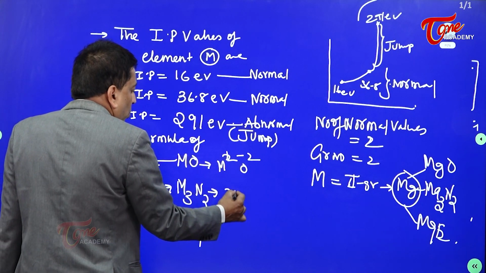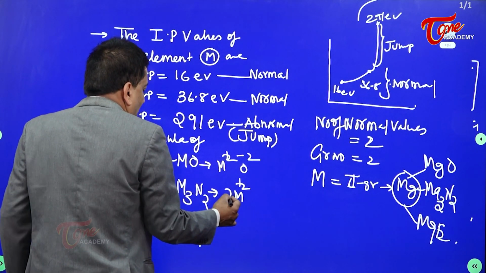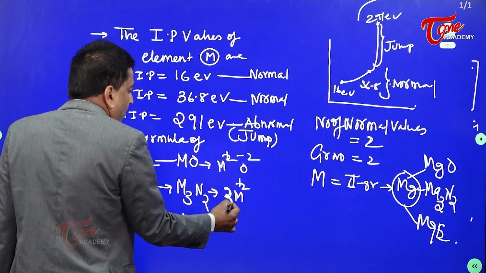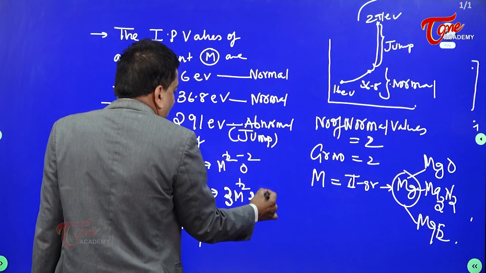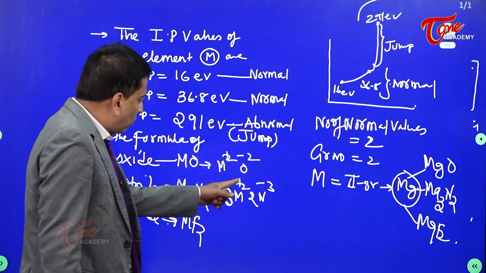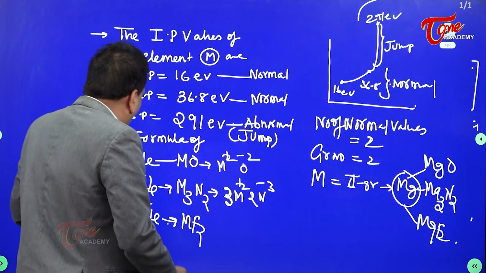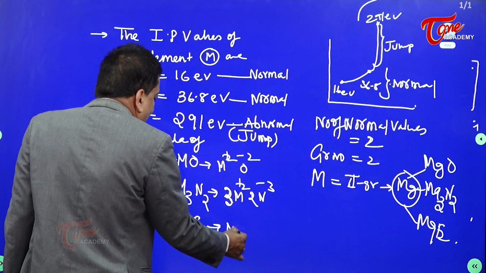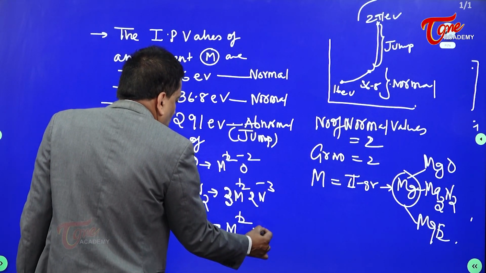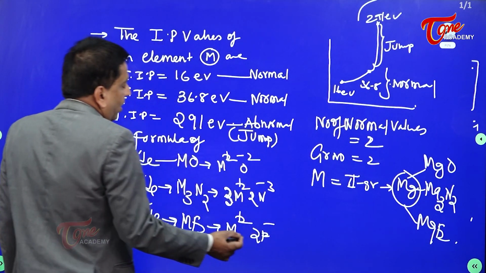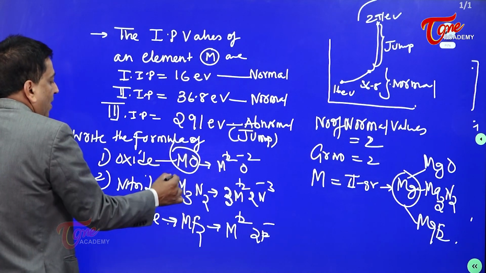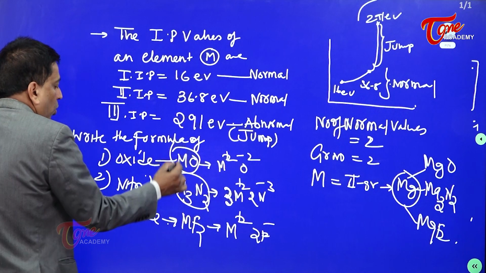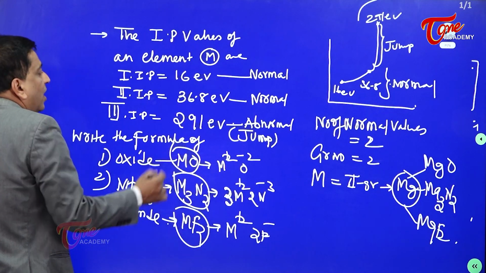Then 3M plus 2 and 2N minus 3; you can see this is 6 and 6, it's neutral. And then M plus 2 and 2F minus. That's how it is split. So the formula of the oxide is MO, nitride is M3N2, and fluoride is MF2.